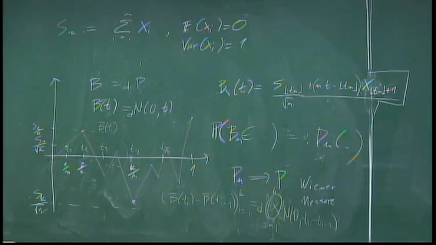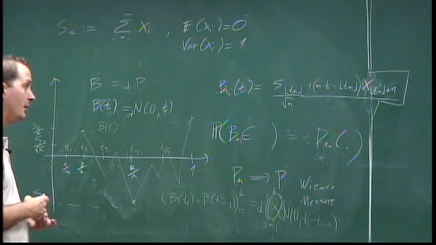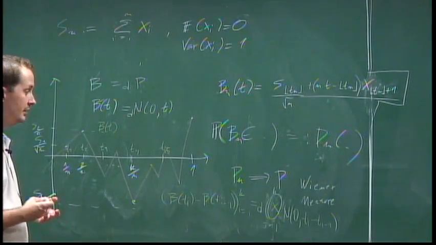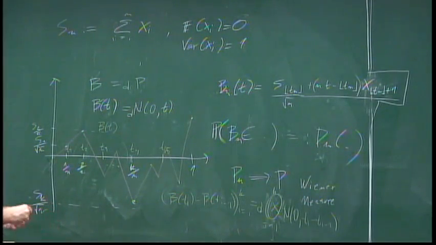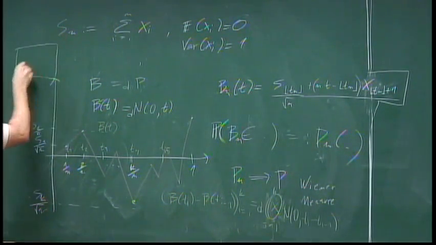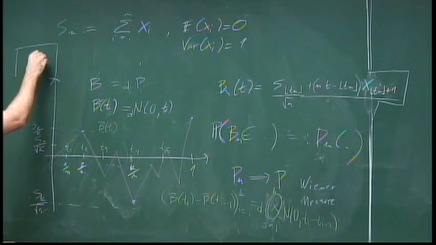And this is actually the way that Einstein defined the process. He was interested in pollen moving in water, and he had an idea, an argument, that made the existence of atoms plausible, because if you put a bit of pollen in water, it starts moving around.